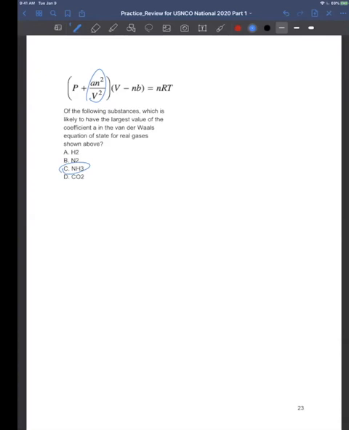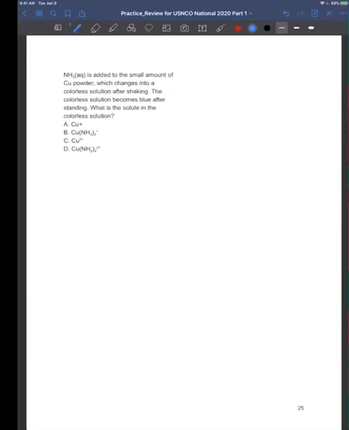Although here it might not be hydrogen bonding because in the gas system the distance is probably too big to form a hydrogen bond, but still it's polar. It has relatively larger intermolecular forces. So this is why it will disobey the ideal gas law the most. Make sense? A good one. I think after our discussion, this one will be easy.